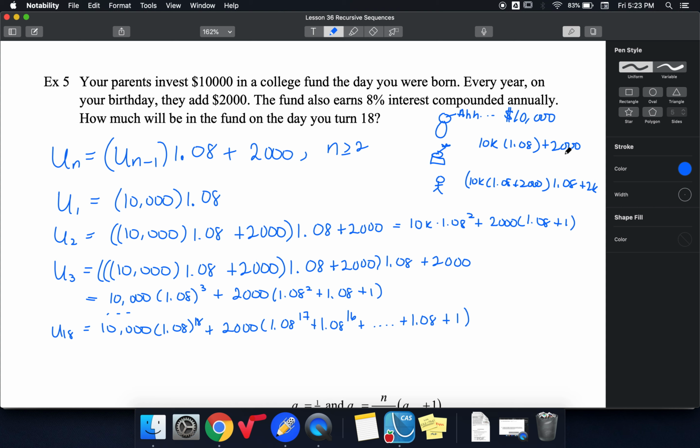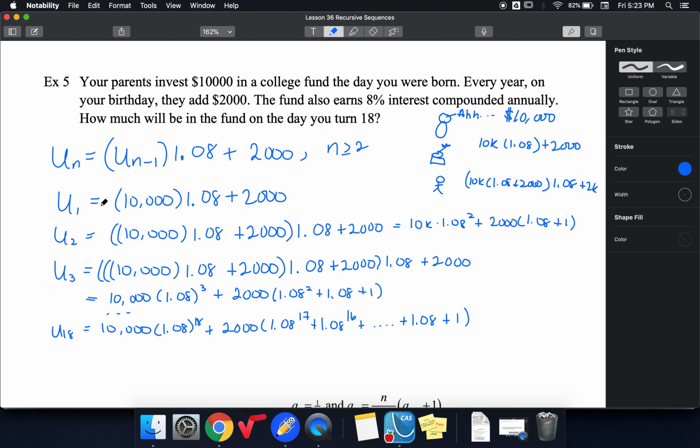But if we think about that, at the end of every year, we are multiplying by 1.08 and then adding the 2,000. So this term actually needs its plus 2,000 for my first setup.